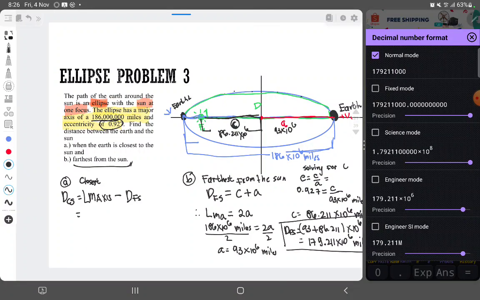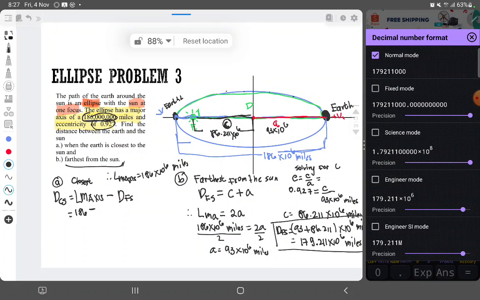The length of our major axis is 186 times 10 raised to 6 miles. So we have 186 minus 179.211 times 10 raised to 6 miles.